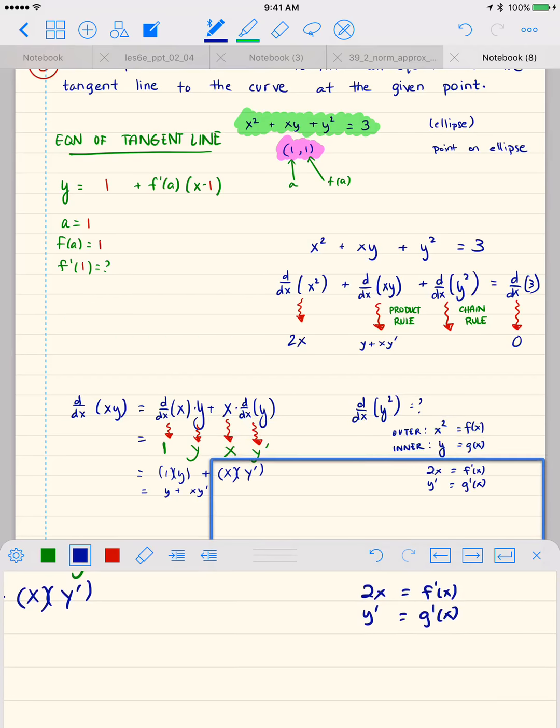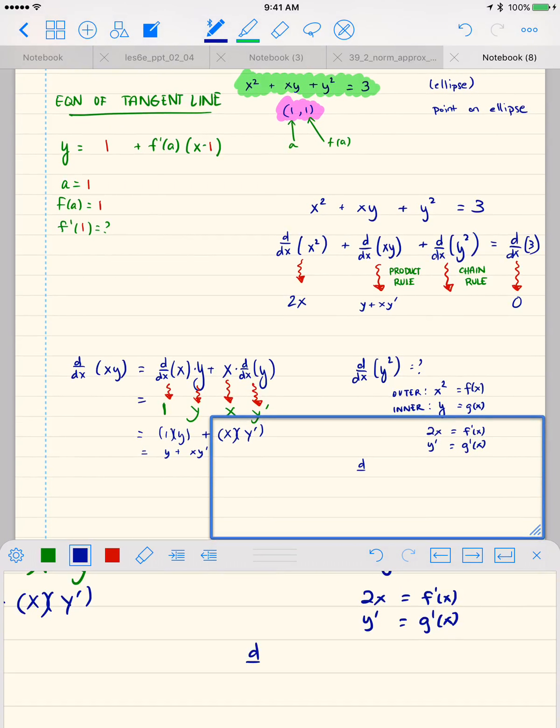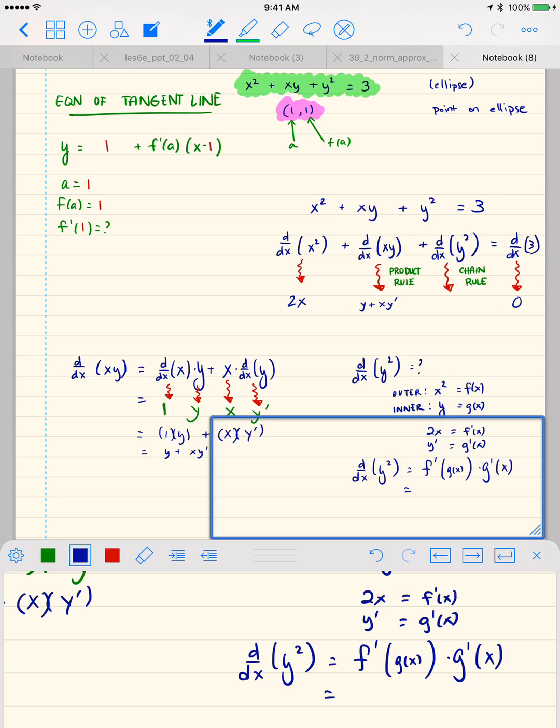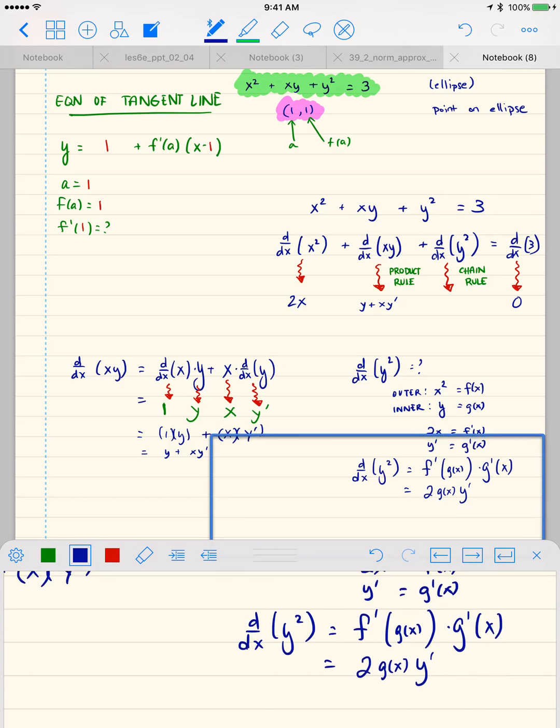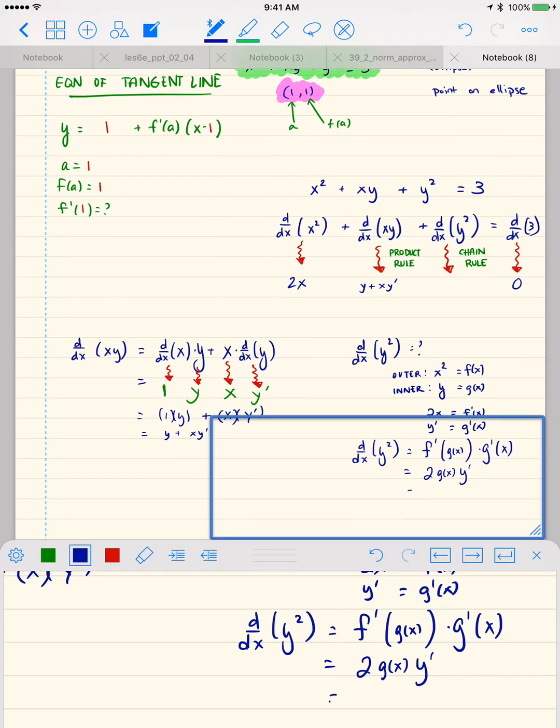And so now, our derivative of y squared is going to be f prime of g of x times g prime of x. F prime is 2x, so we'll have 2 times g of x. G prime is y prime. But g of x is really equal to y.